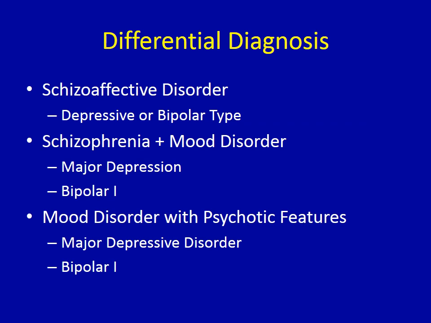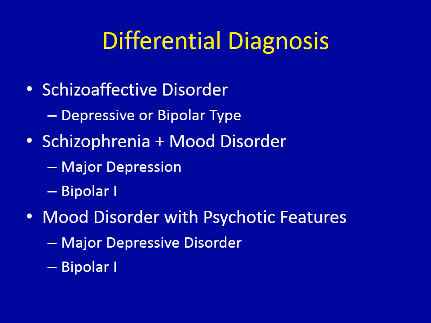So if the only time that a person is having psychotic symptoms is during a significant mood episode, that suggests that a diagnosis of schizophrenia or schizoaffective disorder is not as appropriate. So when we're thinking about schizoaffective disorder, we want to distinguish this from our mood disorders with psychotic features, or sometimes we might consider a diagnosis of both a psychotic disorder and a mood disorder.